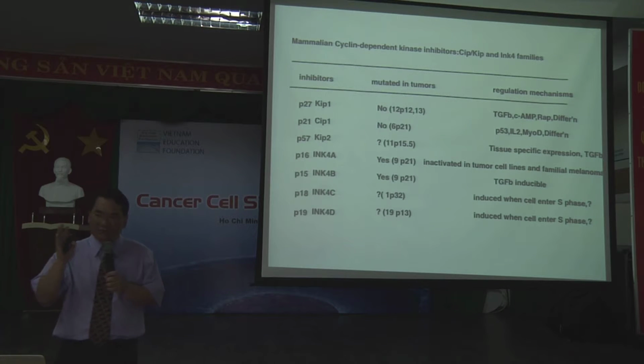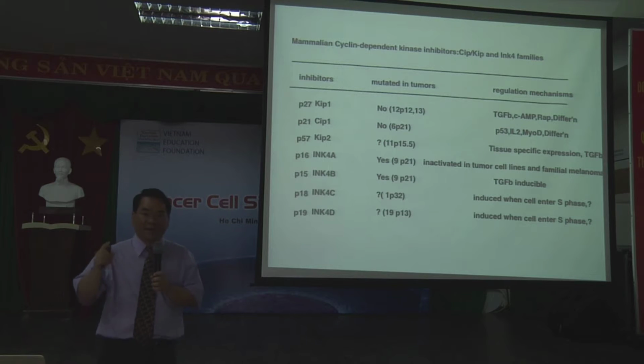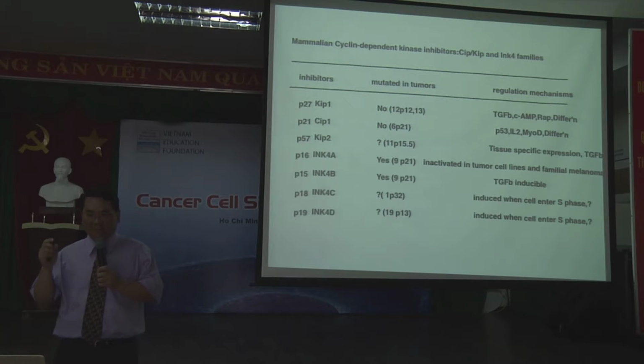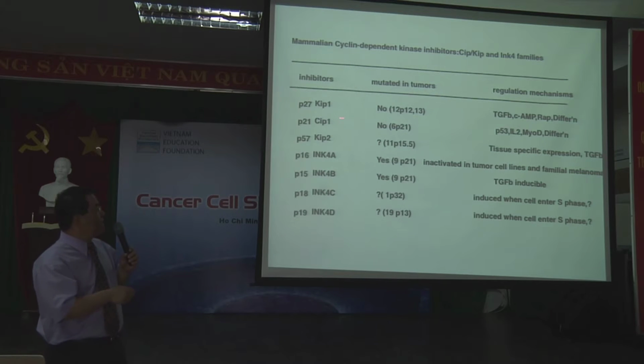So indeed, we did some studies to understand whether they are mutated or deleted in the human cancer genome. The locations of these different genes have been studied and mapped.